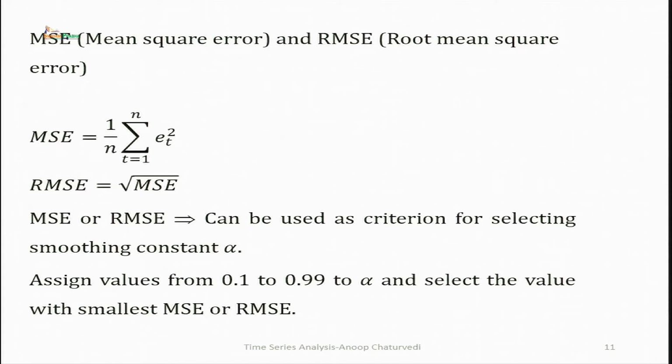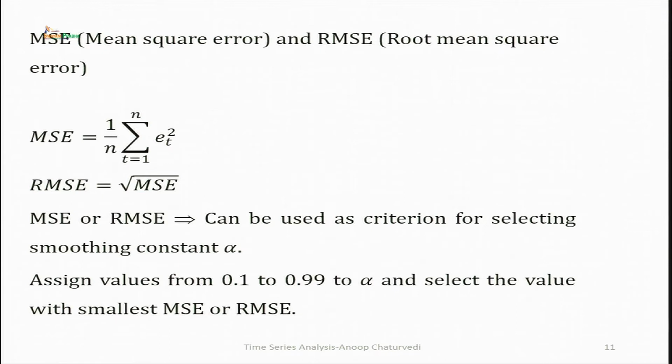So, this is simply the sum of squares of errors divided by the number of observations, and root mean square error is the square root of MSE. These two measures, MSE or root mean square error, RMSE, can be used as criteria for selecting the smoothing constant alpha.